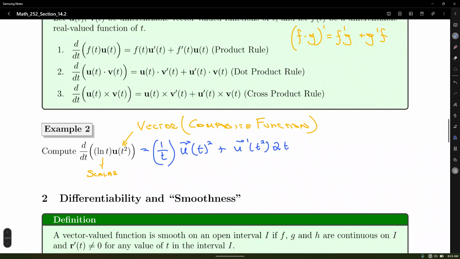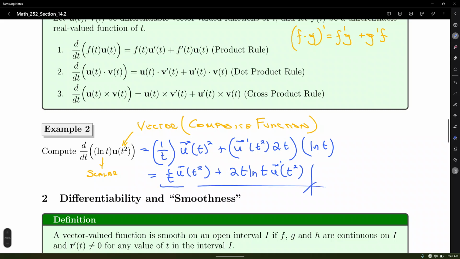That times ln of t. And well, here I would just like to clean up parentheses. There's really not much to do. So that is 1 over t u of t squared plus 2t ln of t u prime of t squared.